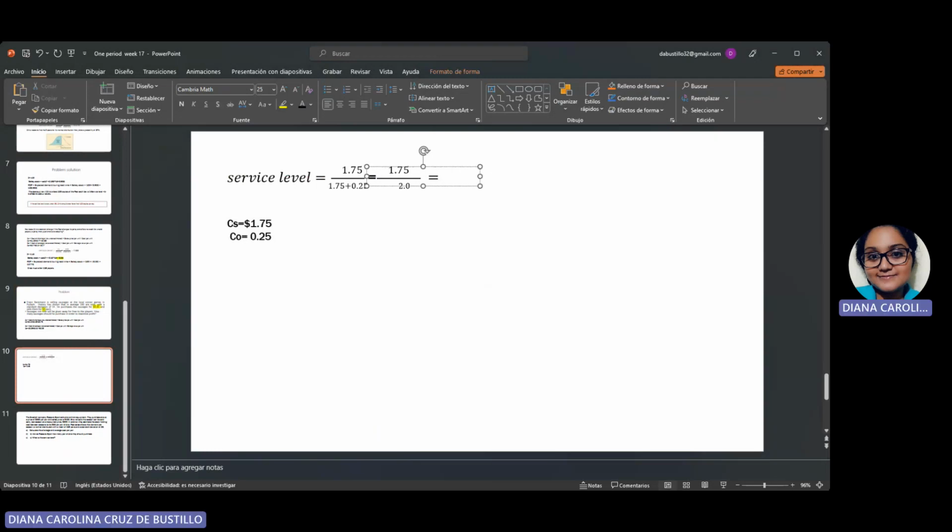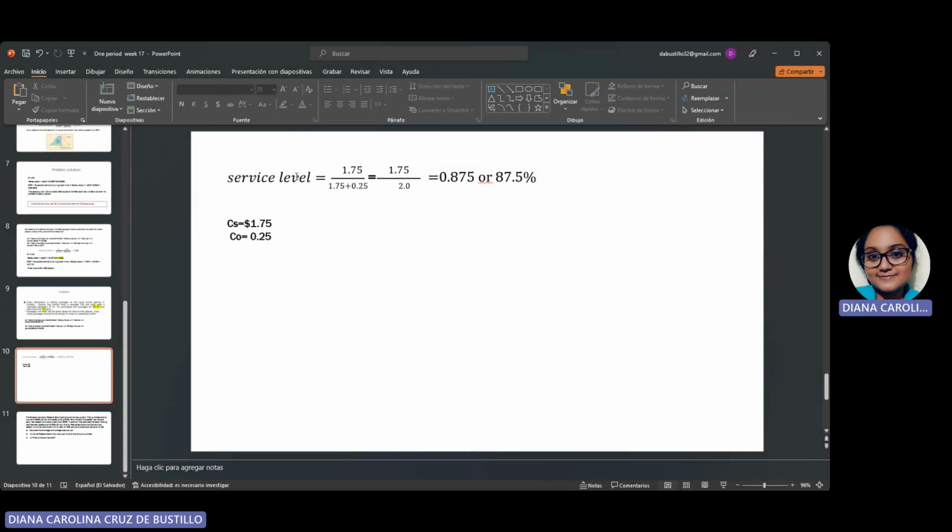Let me just do the calculation really quick. 0.875, or, I'm sorry that this is so messed up, or 87.5%. So what does it mean?